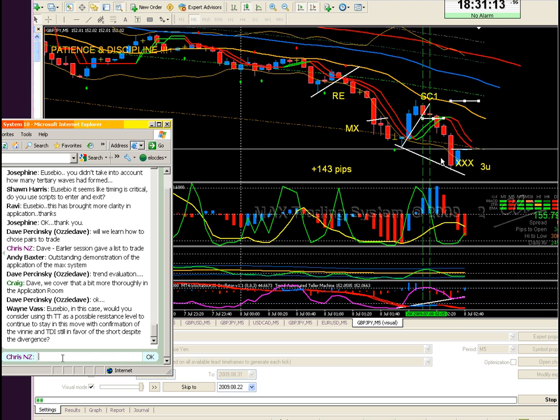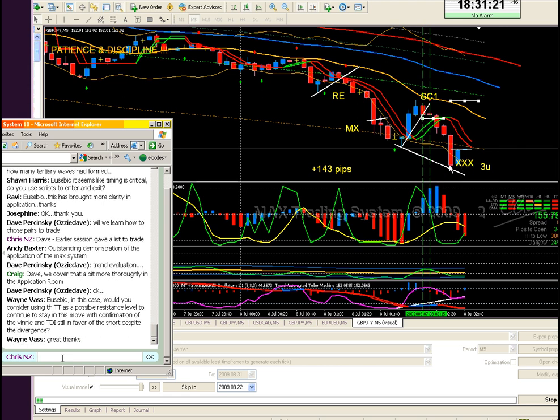Okay? But it's up to you. It depends on your risk aversion. If you are a risk taker, you can simply make an MX here and protect your profit, protect your open unit, and see what will happen. Just for 2 minutes, let's see what happened after this movement.